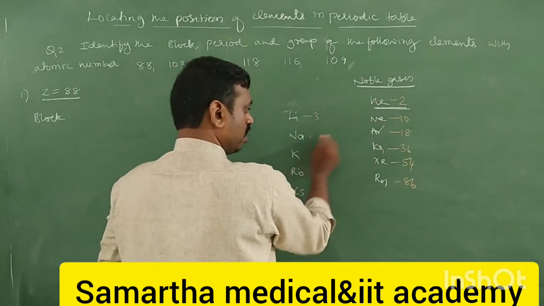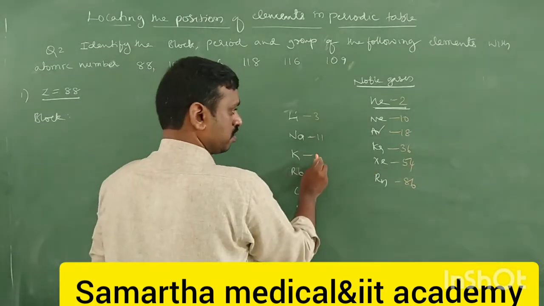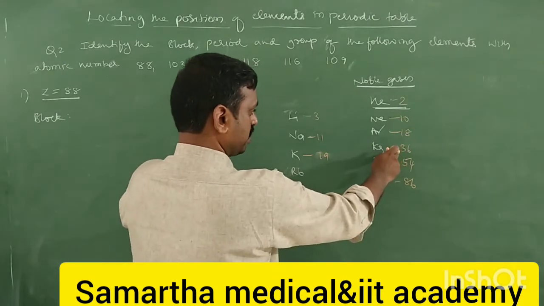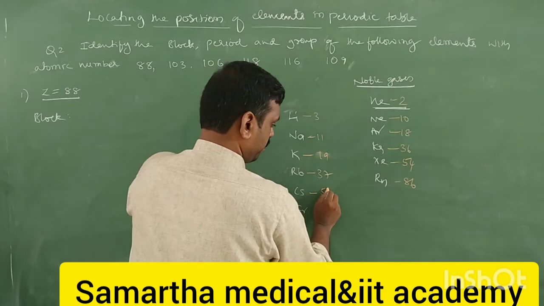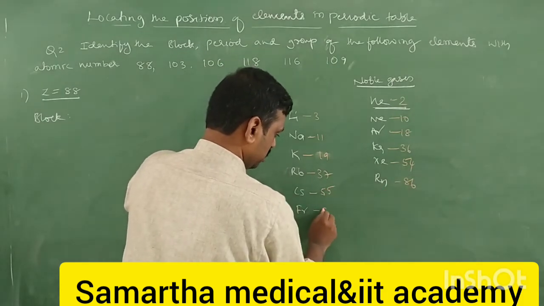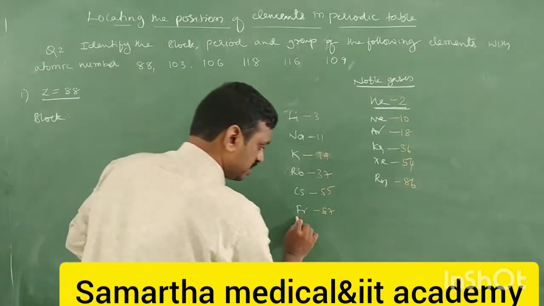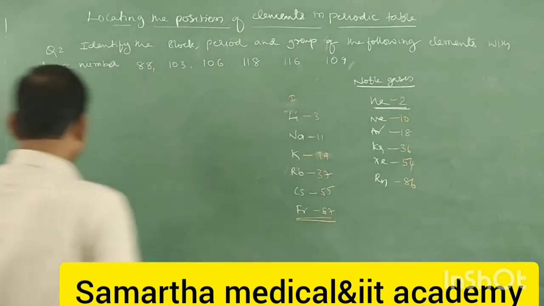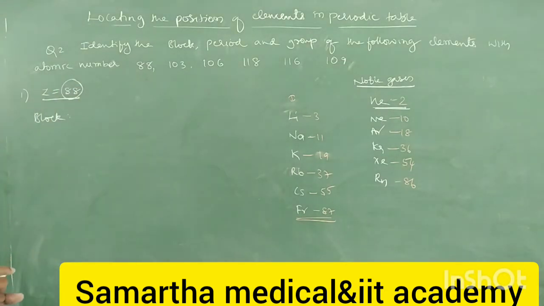Next neon 10, after neon, sodium comes. Argon, next potassium, that is 19. Then 36, 37, 54, 55, 86, 87. It means if 87 is francium, a first group element, then what is the element with atomic number 88?